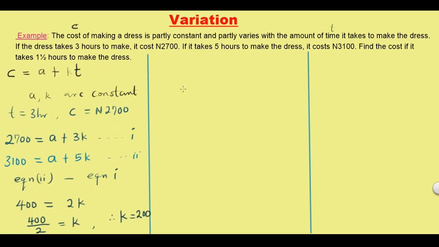So substitute 200 for k in equation 1. I'm picking equation 1 because equation 1 seems to have smaller values that I can easily work with.